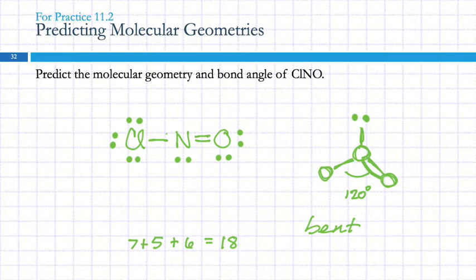And then is this lone pair going to cause these guys to get closer together or further apart? Closer together. So it's going to push these guys together, which is going to reduce the bond angle. It's going to be less than 120. We're not going to be concerned with how much less. Any questions? So you don't have to be too specific.